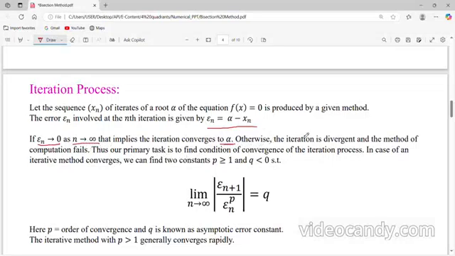Otherwise, the iteration is divergent and the method of computation fails. So our primary task is to find the condition of convergence of the iteration process.